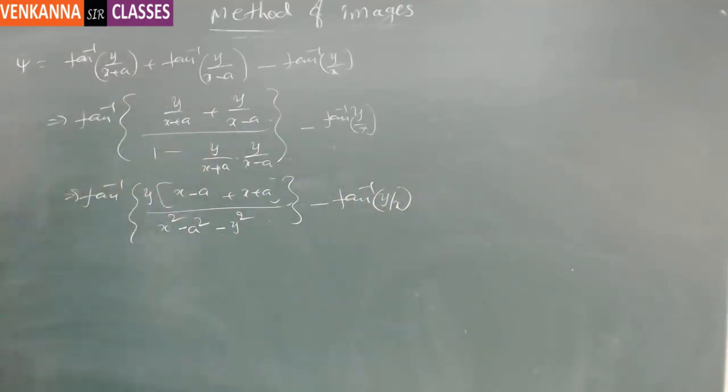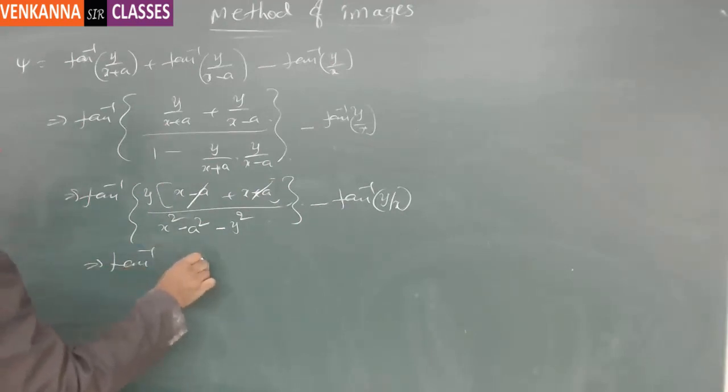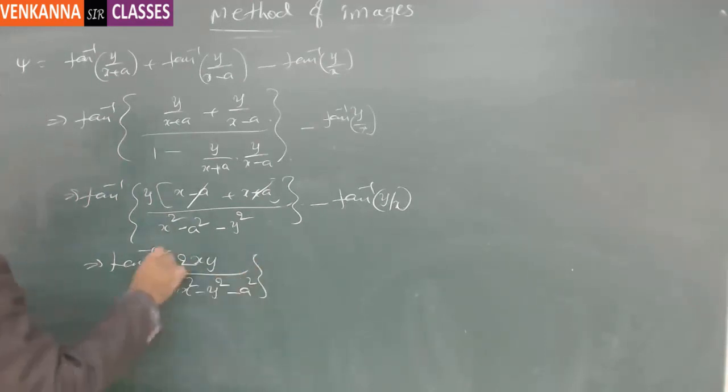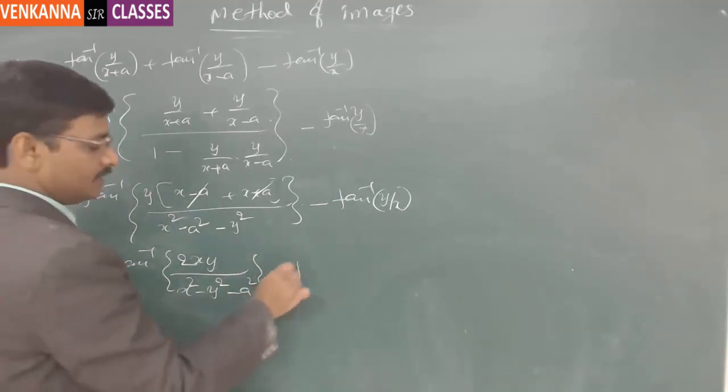Got it? Yeah, I think this is correct. So this is tan inverse of, so x plus x is 2x, 2xy divided by (x square minus y square minus a square). So this is what is left over, minus tan inverse of y by x.